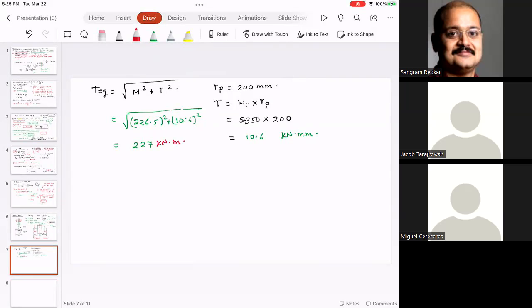So tau is equal to TEQ divided by J multiplied by R. TEQ is 227, 10 to the power 3, divided by J, which is pi by 32, D to the power 4, times D by 2, for a steel shaft.